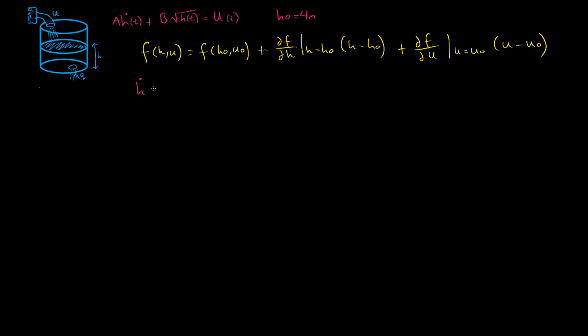So h dot is equal to, and we'll take this one over to the right hand side, minus b h to the half, which is the same as this, plus u, and both of those are divided by a. And so this equation here is actually our f of h and u.